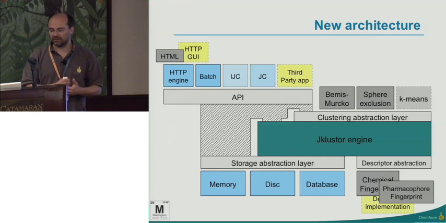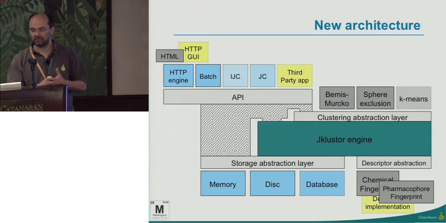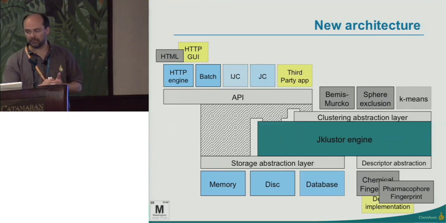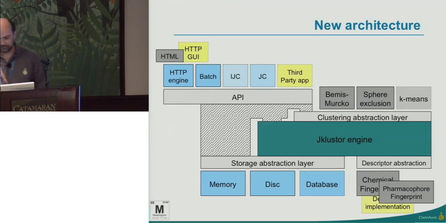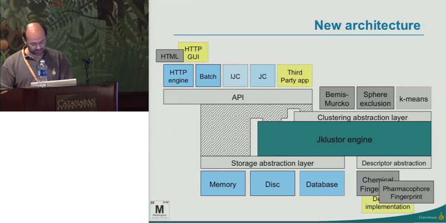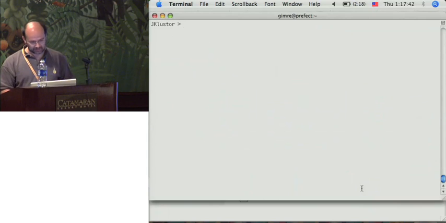I put on this slide to scare the chemist and perhaps give some meat to chew on for the more IT people. And based on this new engine, I will demonstrate how Bemis and Markov works. So this is a server in Budapest.